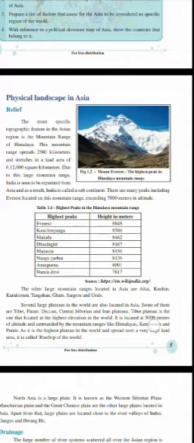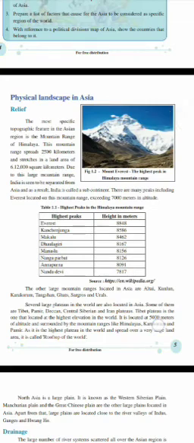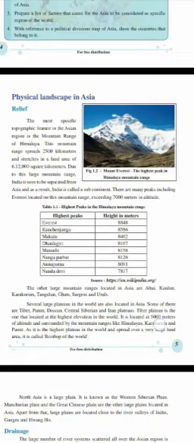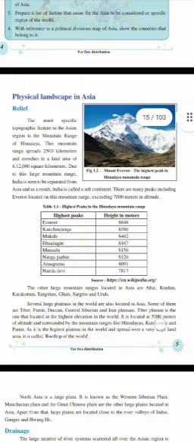Due to this mountain range, India is seen to be separated from Asia. As a result, India is called a subcontinent.